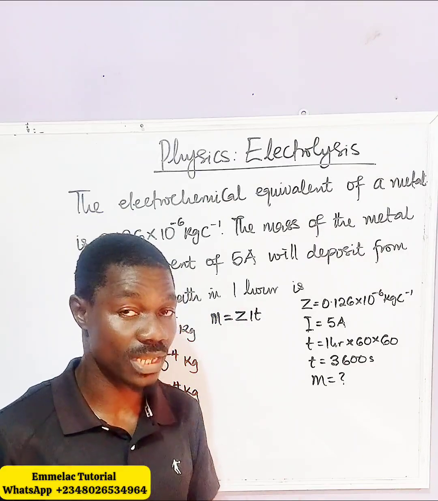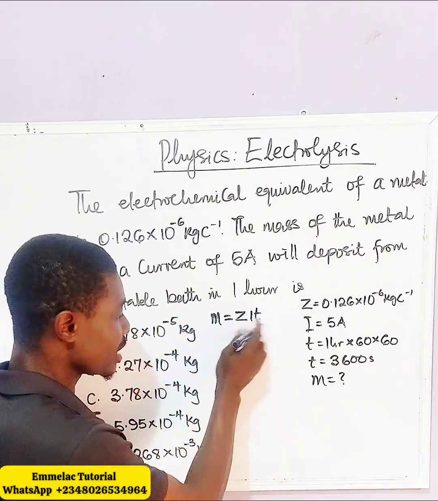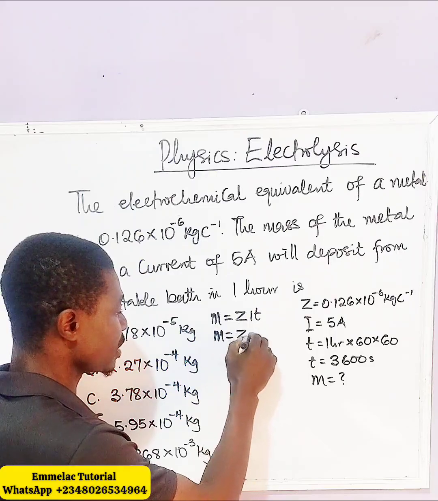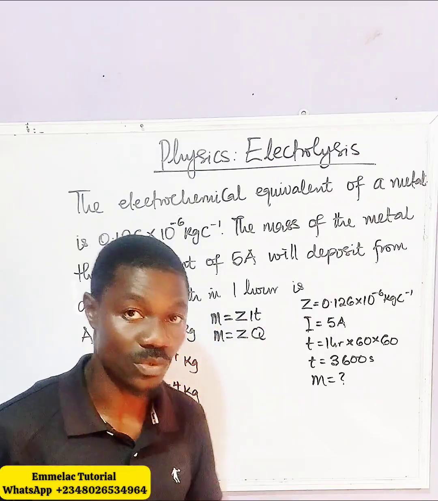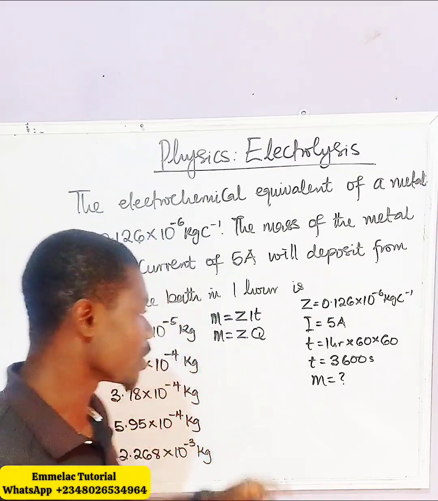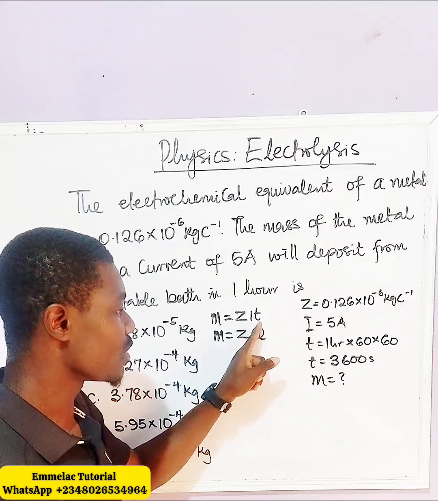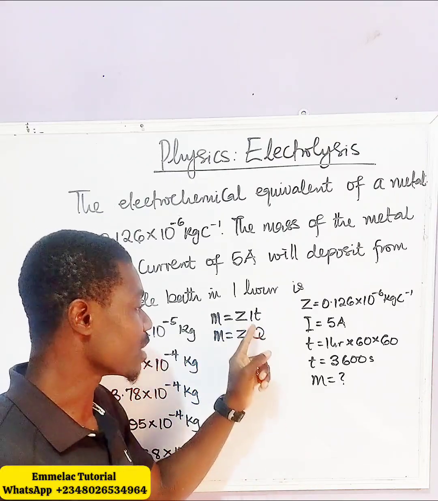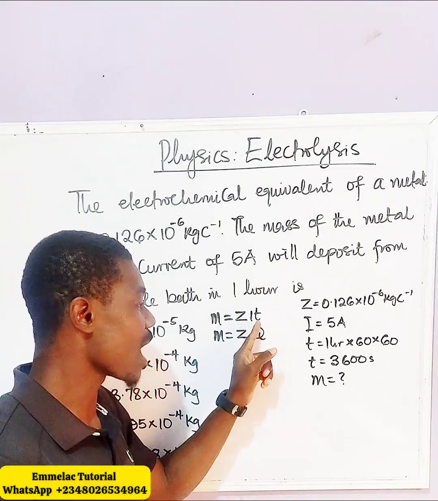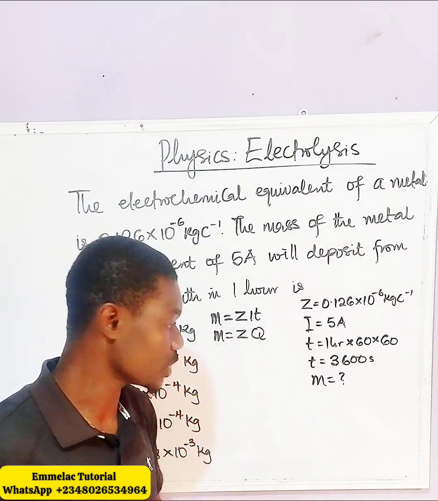Okay, but in this, IT can also be Q, which is the quantity of electricity. So, but since we're not looking for Q, we are given the respective parameters, that is I, current, and T. So we'll make use of the first equation.